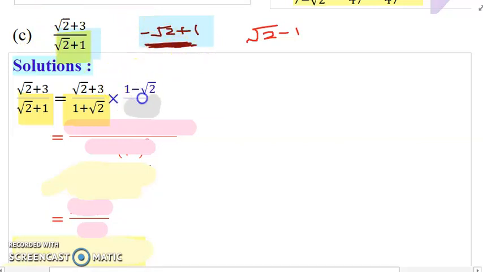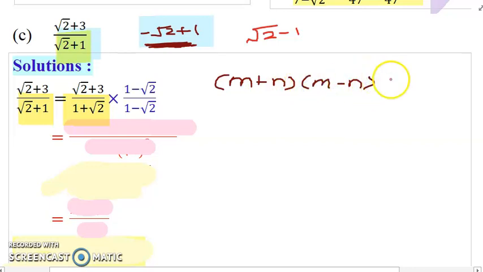It will be 1 minus square root of 2. The purpose of this arrangement is so that when we multiply the conjugates, you can see the formula more clearly and effectively.